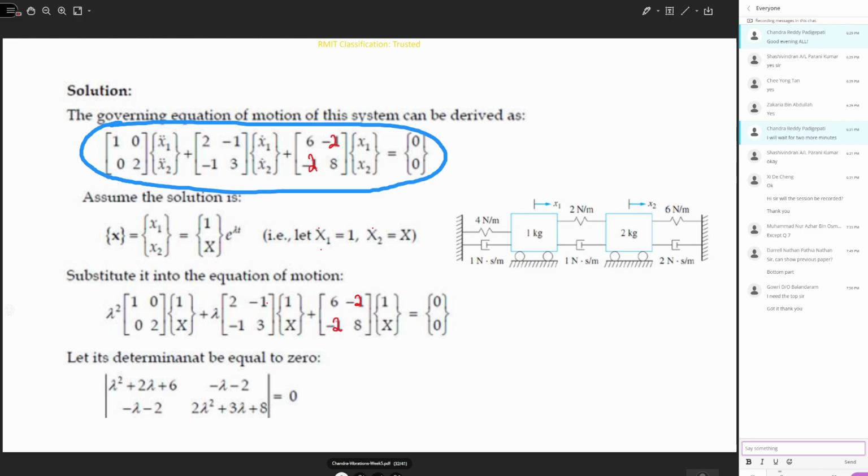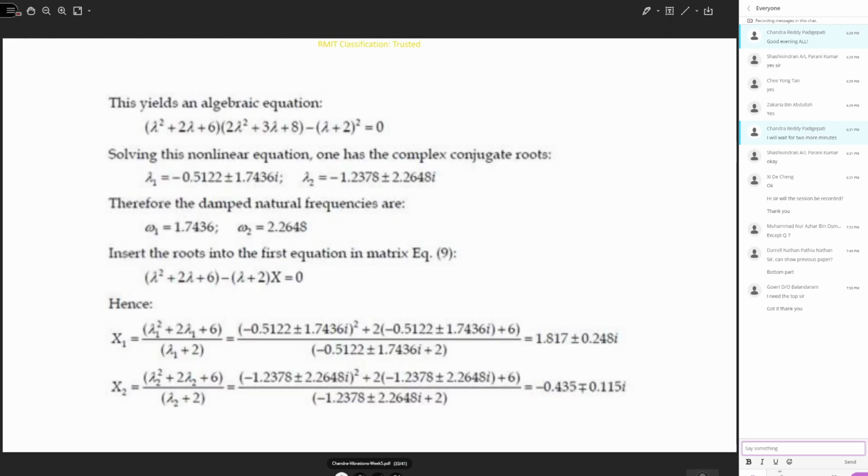So we applied this part, then you got this one, the determinant. Then once you solve the determinant, in your case, you'll get a fourth order determinant. So you get four values, lambda 1, lambda 2, lambda 3, lambda 4.